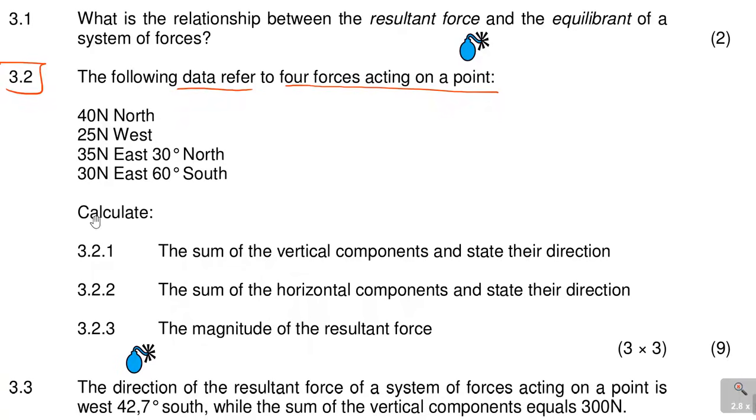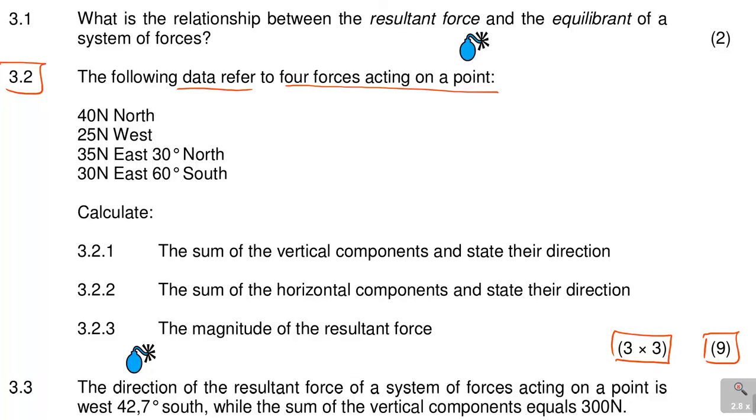First question says calculate the sum of the vertical components and state their direction. 3.2.2, calculate the sum of the horizontal components and state their direction. And 3.2.3 says the magnitude of the resultant force. And just look at the mark allocation for that. This was 9 marks, a good 9 marks for you to take advantage of. Each one was 3 marks.